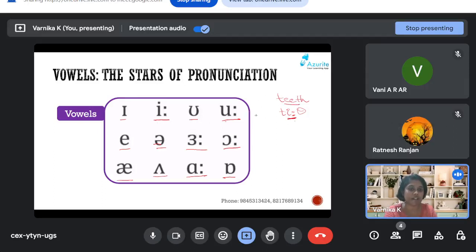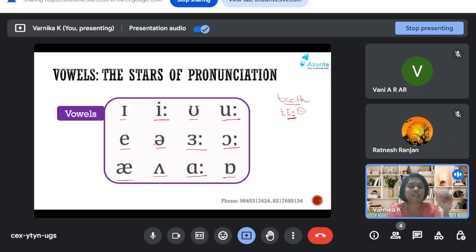It's telling me I have to read this as teeth. Okay, so that's how it'll show you have to pull the sound. So with 2 dots, you have to pull the sound. So that is one thing. Then this session is recorded, so you can always go back and review if you have missed any sounds.